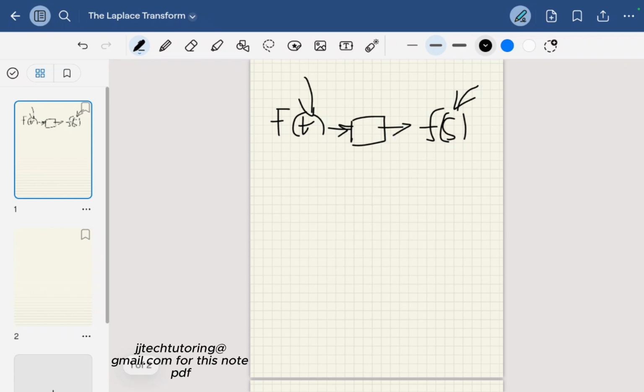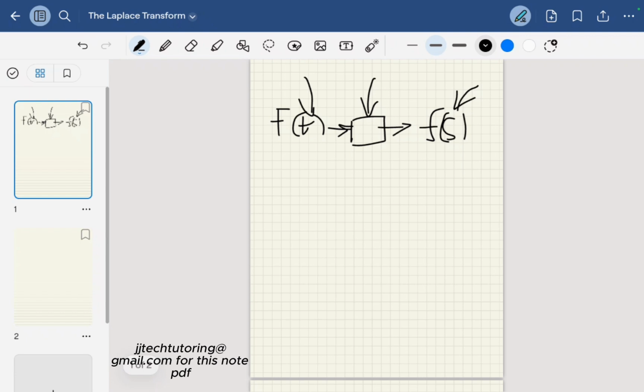The transformation happens using the definite integration, to a new output function F of s. That means we apply definite integration to f of t, and then we will have the result F of s.